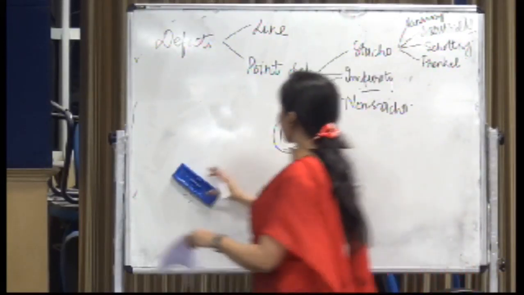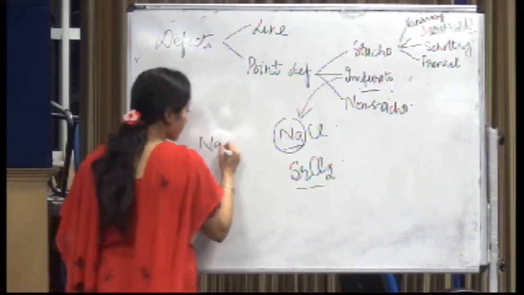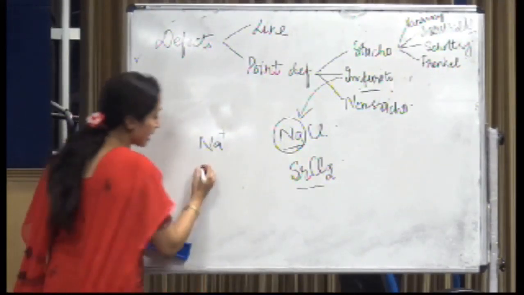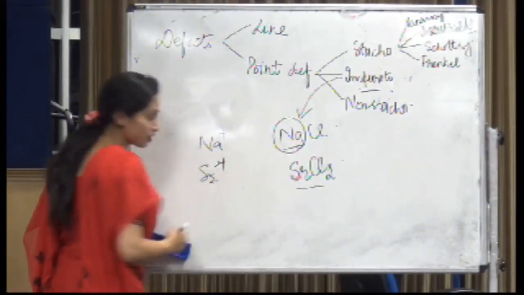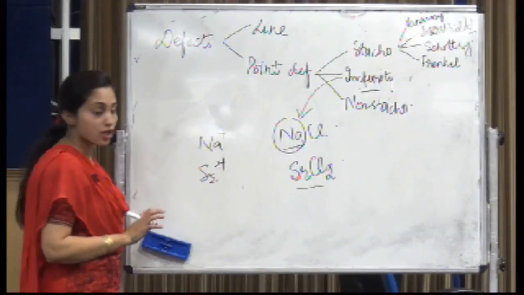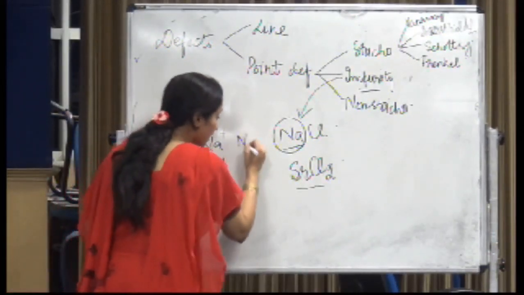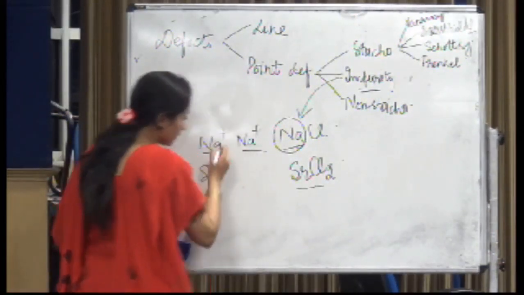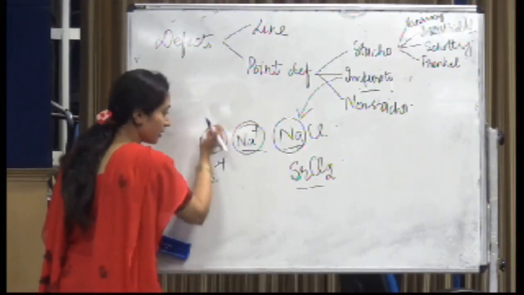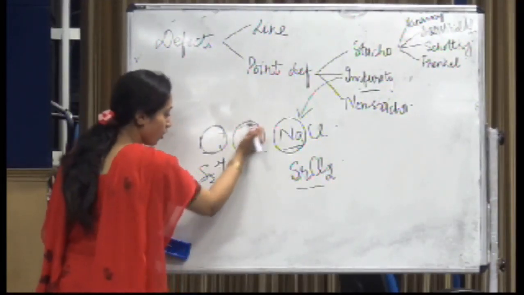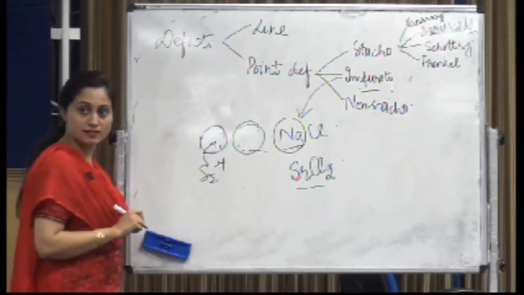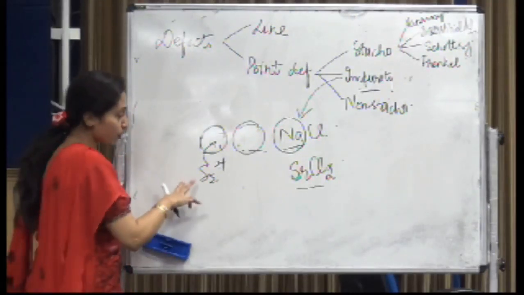So what will happen? Na has a charge of +1, Sr has a charge of +2. So for 2 Na+, अब मेरी दो lattice sites of Na+ will have to get vacated for 1 Sr2+. ठीक है, तो impurity defect में क्या होता है?